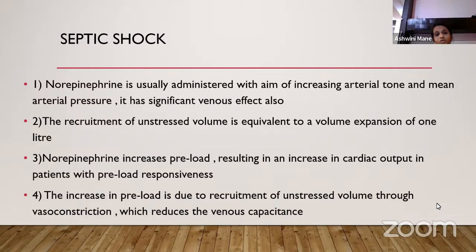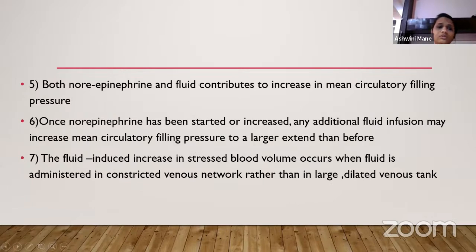So if we are giving norepinephrine to the patient, it will increase its preload, which will increase the cardiac output. But this will happen only in the preload responsive patient. The increase in the preload due to recruitment of the unstressed volume through vasoconstriction results from the reduced venous capacity. So both norepinephrine and fluid contribute to the increase in the mean circulatory filling pressure.